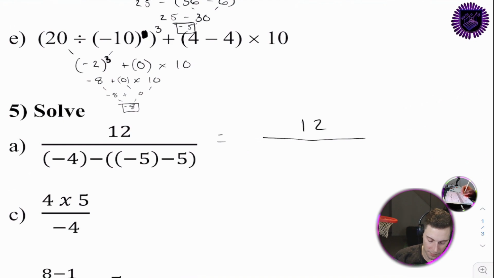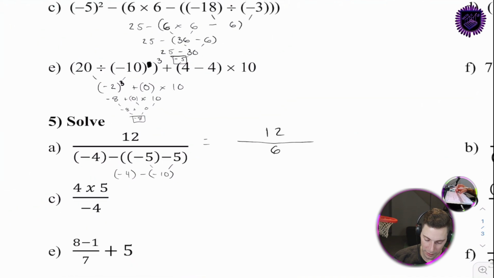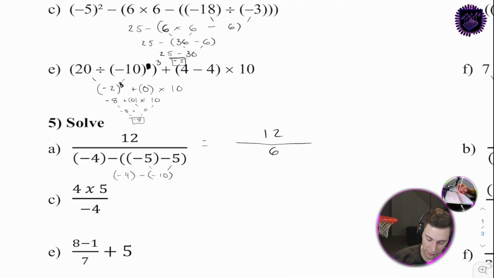So this is going to be negative 10 and negative 4 minus negative 10. So this is going to be 6. 12 divided by 6 is going to be equal to 2. The answer is 2. You see my workflow there. I did the bottom together in order of operations, but then just rewrote it off to the side there.